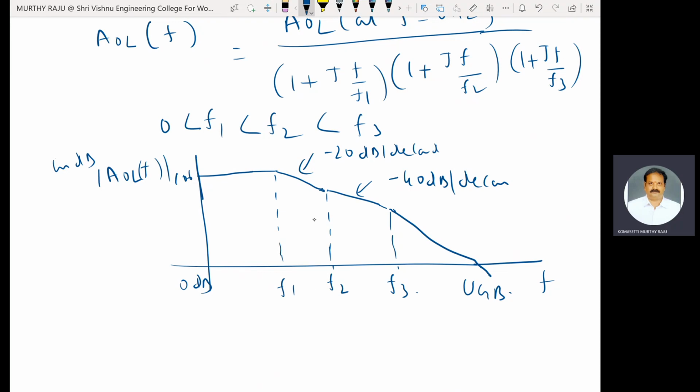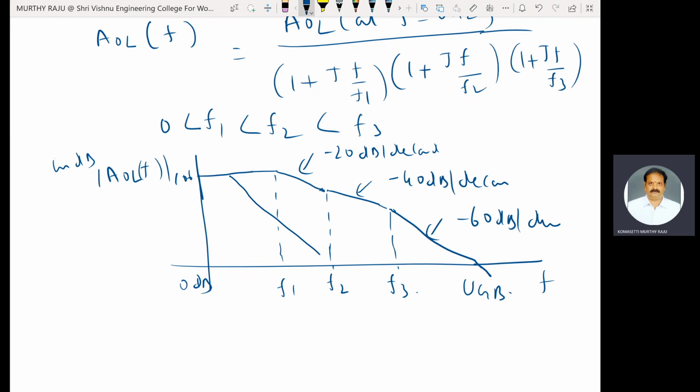Instead of minus 20, minus 40, minus 60 dB per decade, by using a compensation technique we modify this open loop AOL of F function.